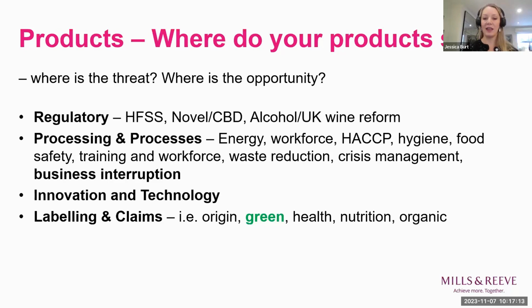It will all have an impact. We mentioned free from claims before. There's also organic claims. Anything that you say about your product, you'll need to substantiate it, and it can't be misleading to the consumer. And this is particularly so in relation to green claims, where we've seen such a focus on that over recent years.